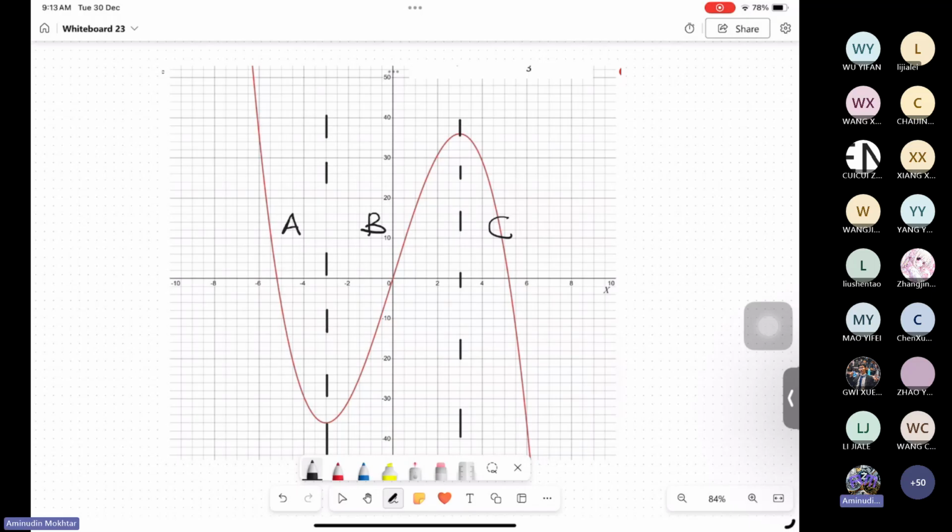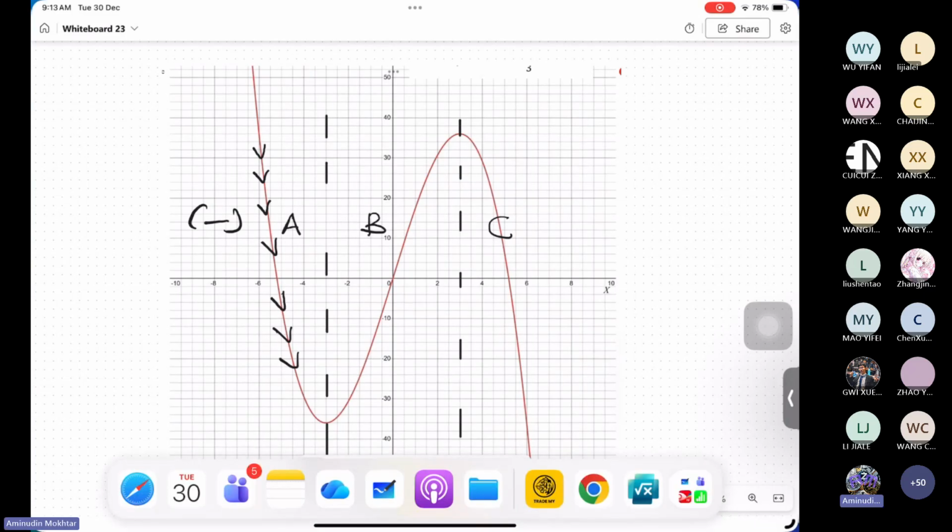In area A, we can see the function is decreasing. In terms of slope, the slope of this function is negative at this area.